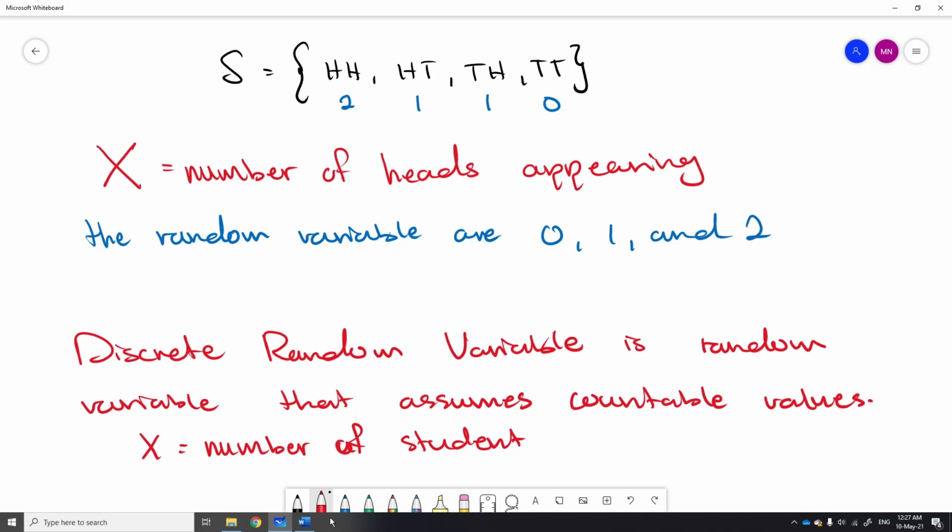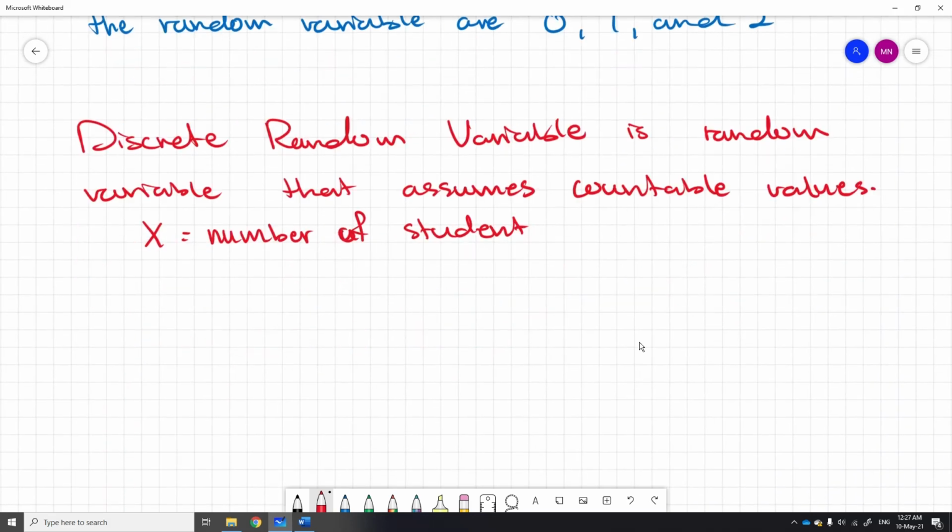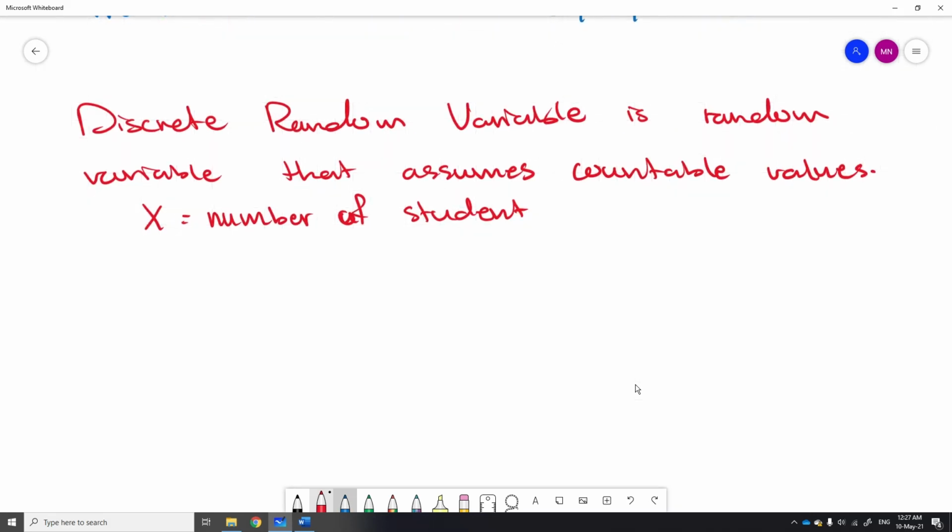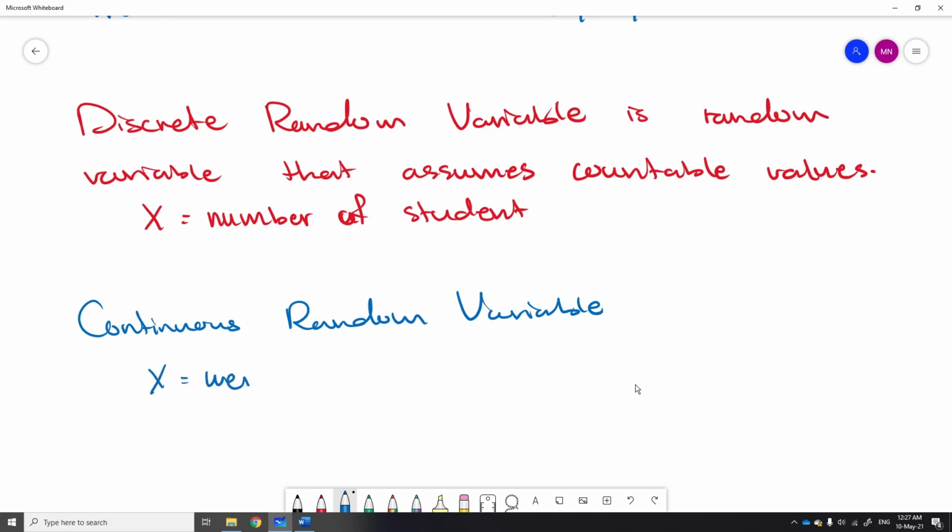A continuous random variable is something that involves decimal points, for example weight or height.